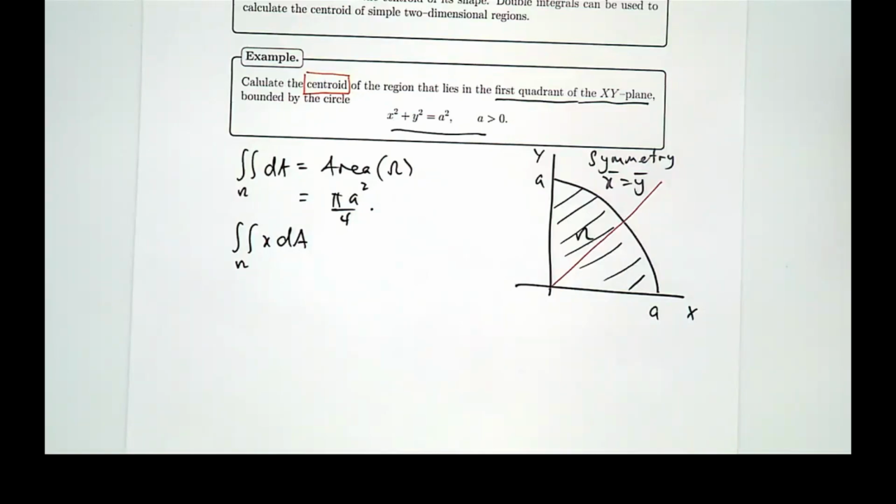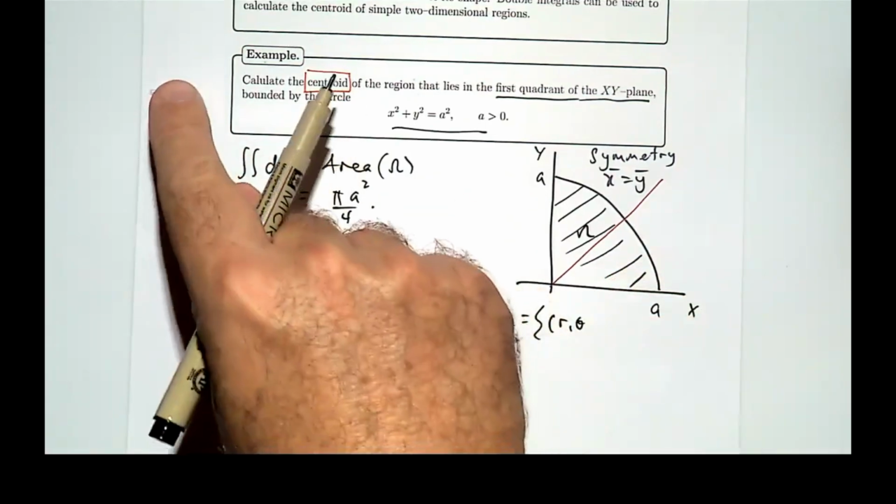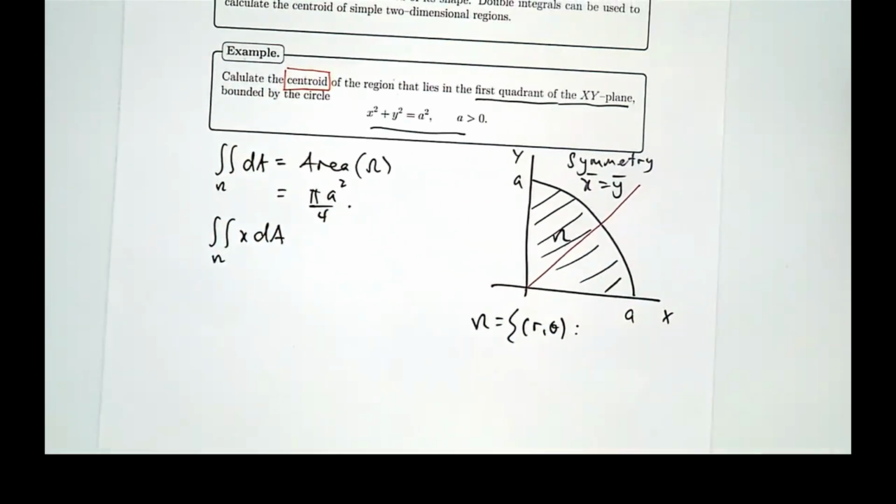What would the description of omega be in terms of r and theta? Come on, what are the limits of integration going to be? Come on, people. Someone, anyone.